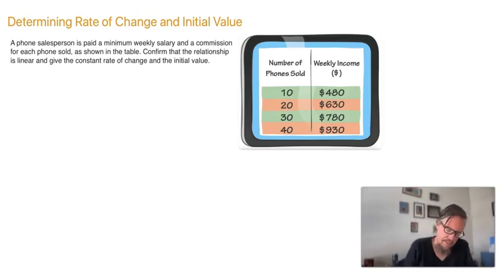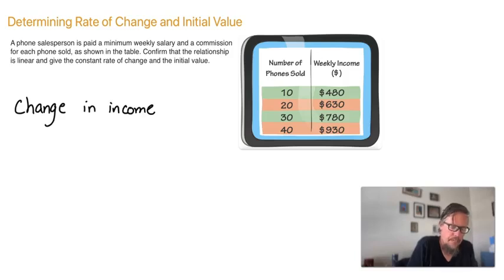So we have to do a handful of separate problems, and all of the problems are the same. The problems are always, what is the change in income compared to the change in phones sold?